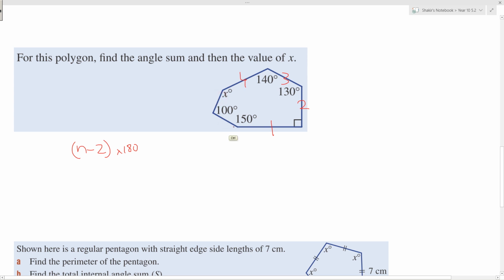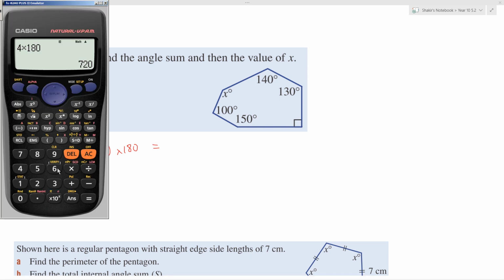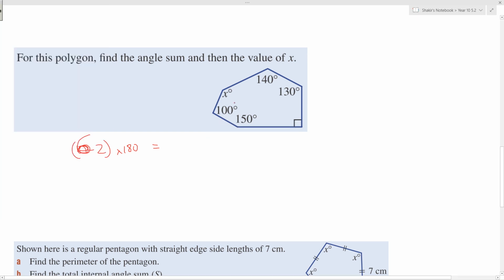So 6 minus 2 is 4, and 4 times 180 gives us 720 degrees. The sum of the angles inside is 720.